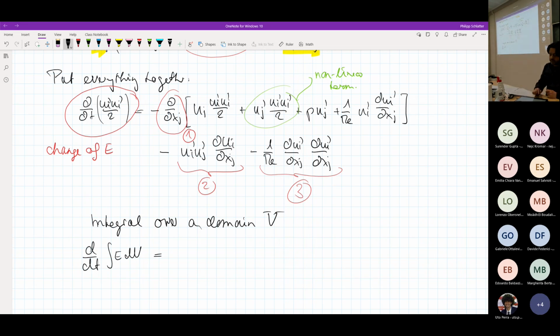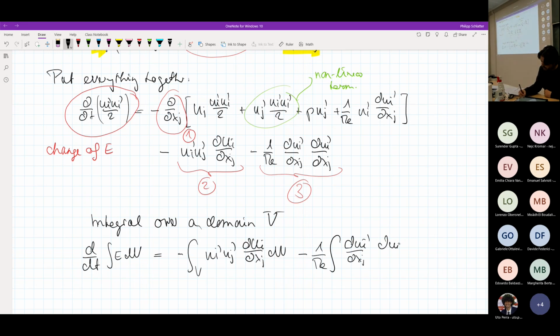Right? So that means if I have a large domain, terms number 1 will disappear. What remains is the spatial integral of terms number 2 and terms number 3. So what I get here is minus the integral over V of ui prime uj prime dui dxj, that's the first one, dV, minus 1 over the Reynolds number of the integral of dui prime dxj dui prime dxj dV.